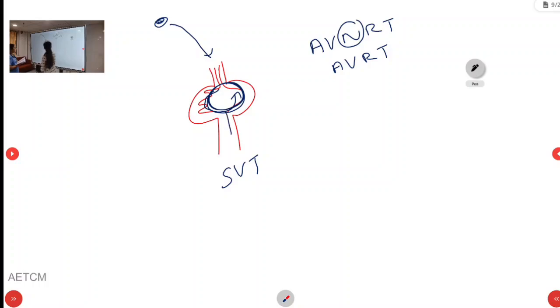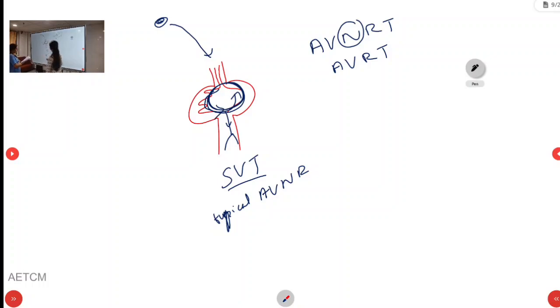When the bundle of His is getting activated, it will be a narrow complex. That is one way. This is what is called a typical AVNRT. That means from slow it is going to the fast.